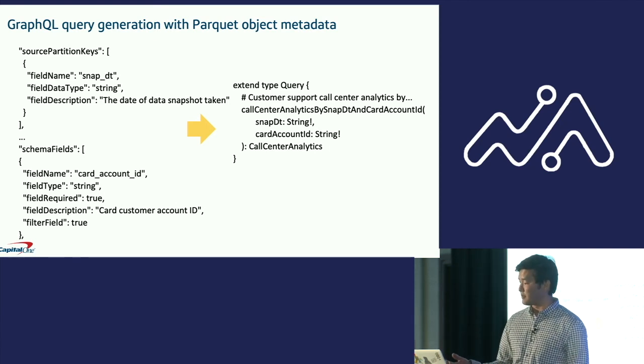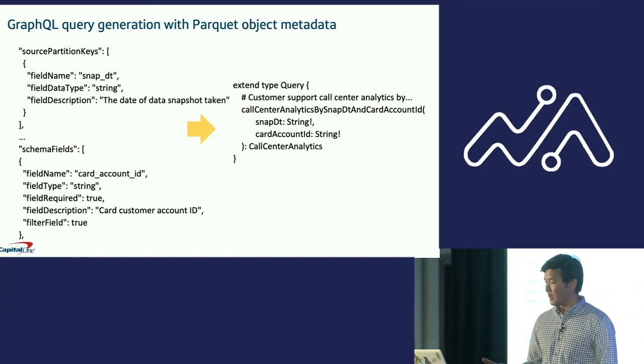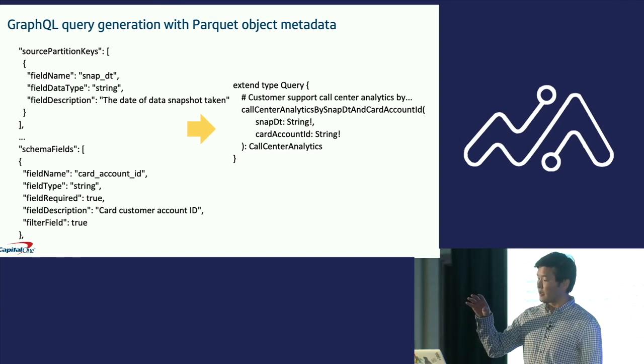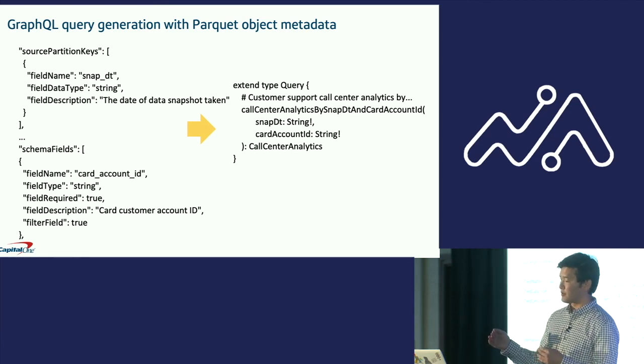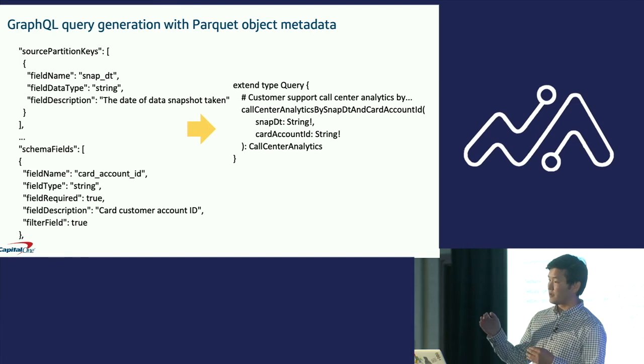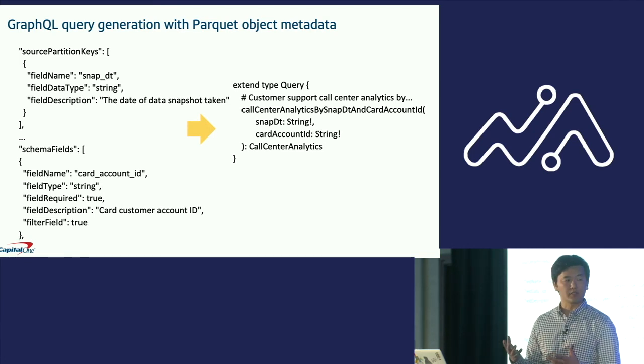So what we're doing here is, in the metadata for the Parquet object, we know that it has partition keys and also has different fields, but we have our data producers tag which fields they want to expose as the filter key.